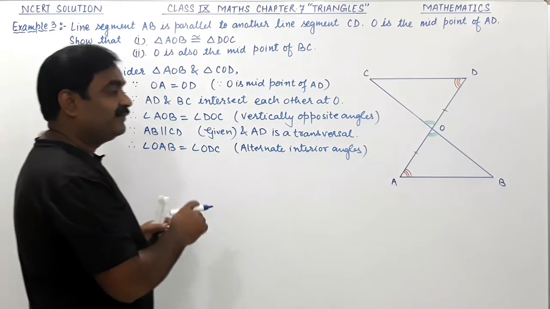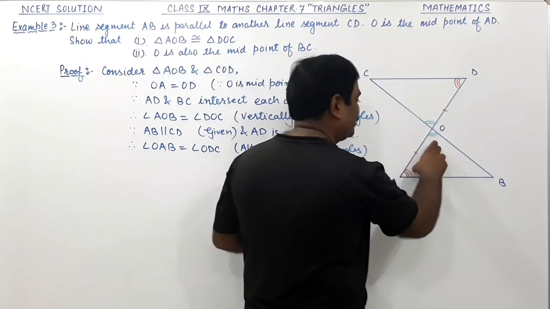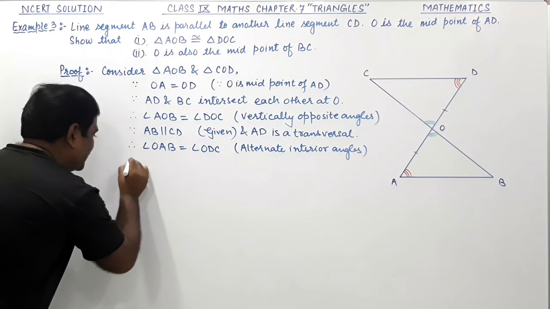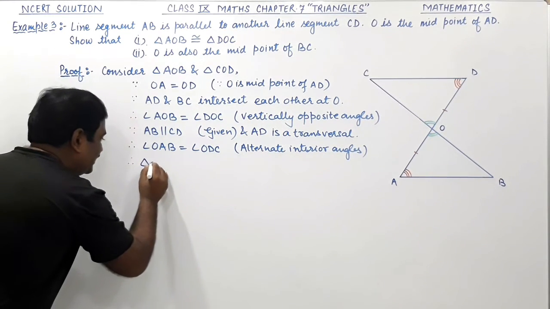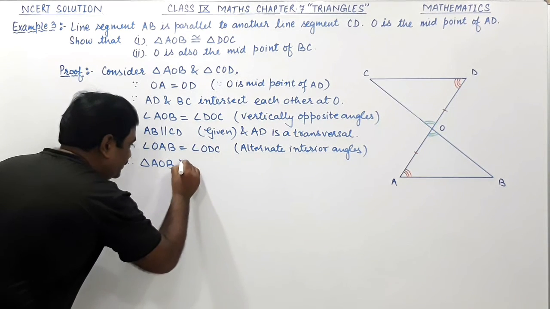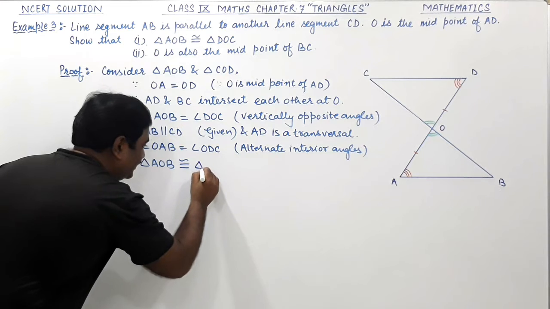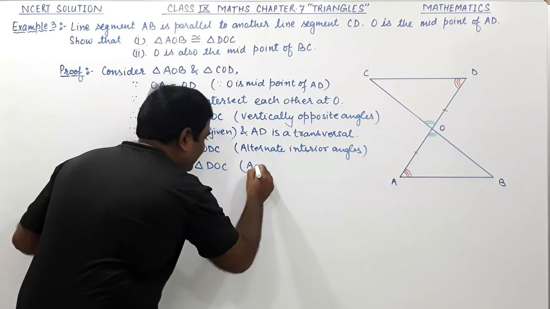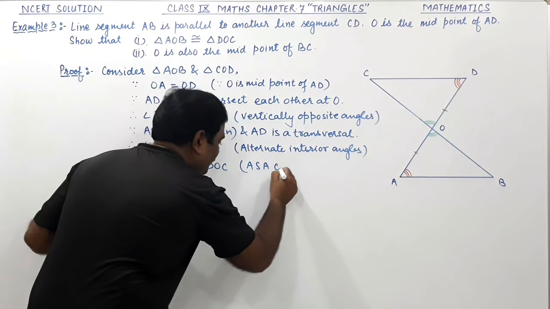Angle side angle means the side is included by these two angles. Therefore triangle AOB is congruent to triangle DOC by angle side angle congruence rule.